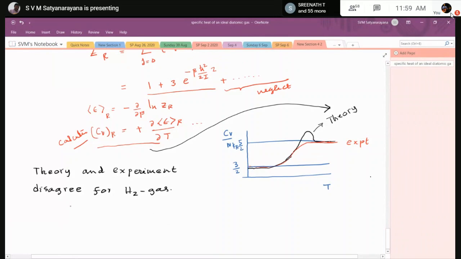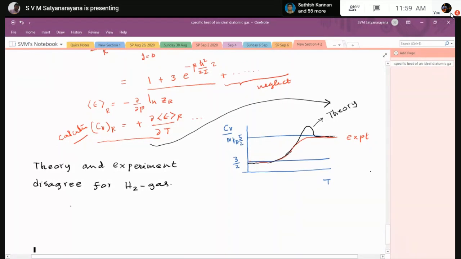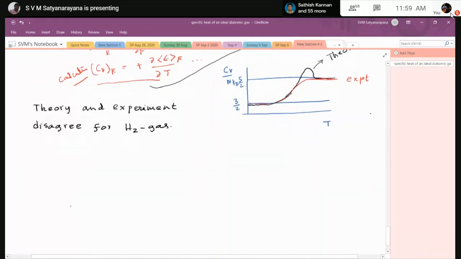So for that, what we should see is that in hydrogen gas, in H2, you have one hydrogen atom and then another hydrogen. These two hydrogen atoms, this and this, are identical.